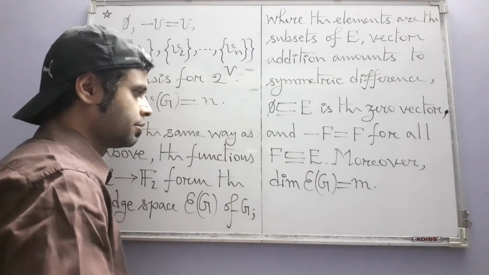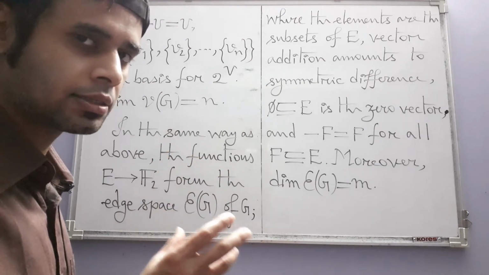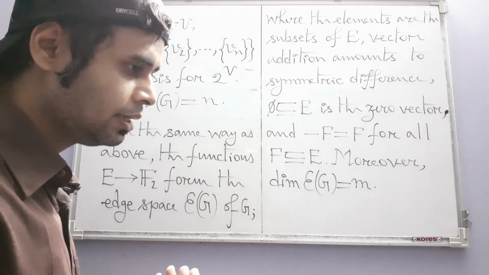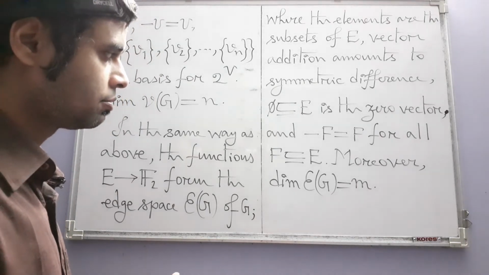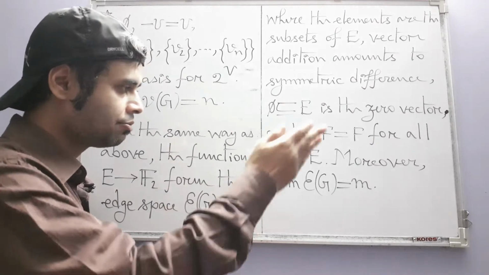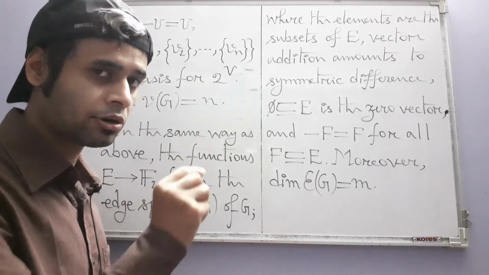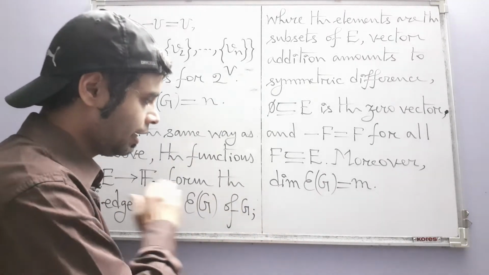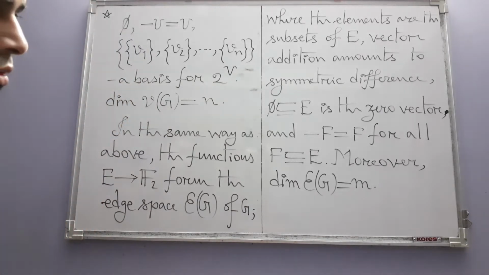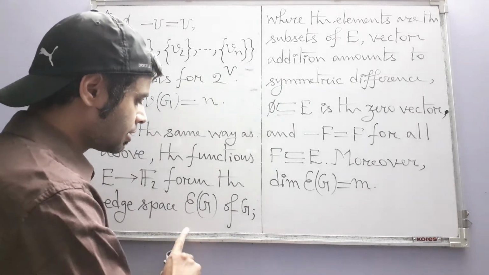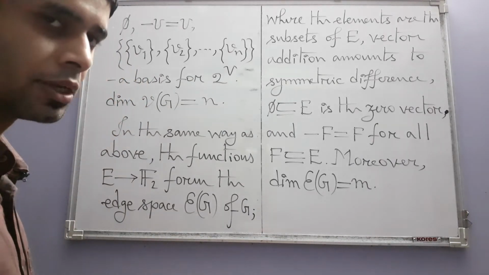You see, although we have and we need the set of vertices in a graph, but when you think of a graph pictorially in your mind, what do you see? Basically, what do you think of? You actually think of the edges, in fact, not the vertices themselves. The edges carry the essential structure of the graph. So that's why we will be primarily interested in the edge space and not actually the vertex space.